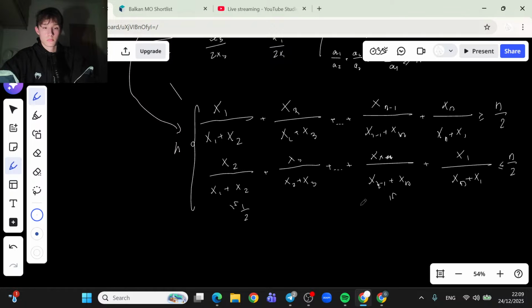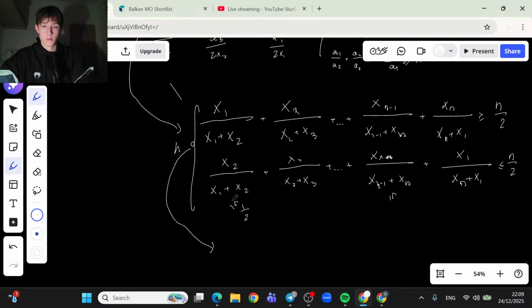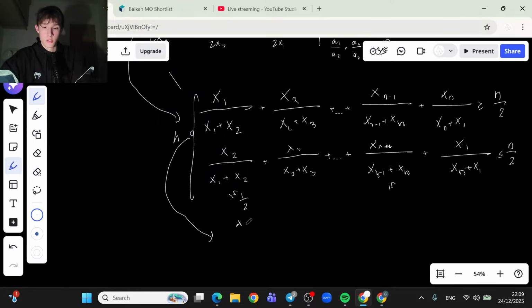Hmm. Okay, how about we use Cauchy-Schwarz, and from here we write that x1 plus x2 over x1 plus and so on plus xn plus x1 over xn should be... Wait, no, we can't... Which one do I do it with?